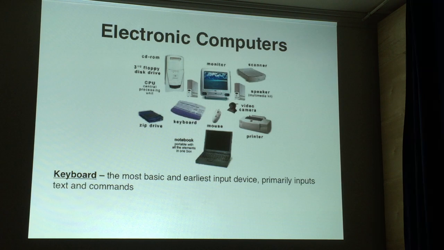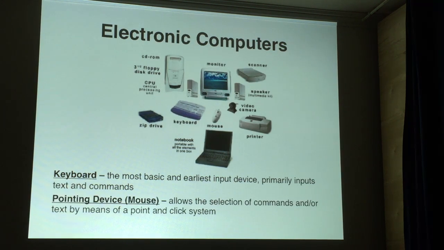Well, now, or as time passed, the next input-output device, primarily input device, was the pointing device, what we call a mouse. This revolutionized input into a computer because it made it much easier than typing in the commands.